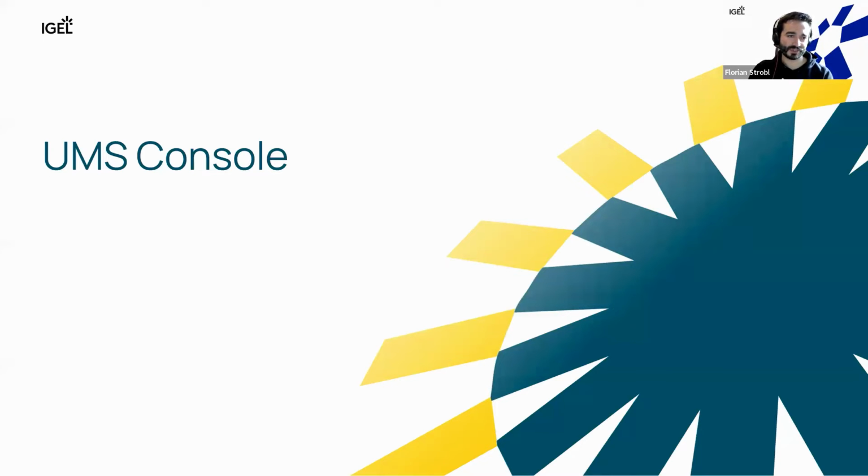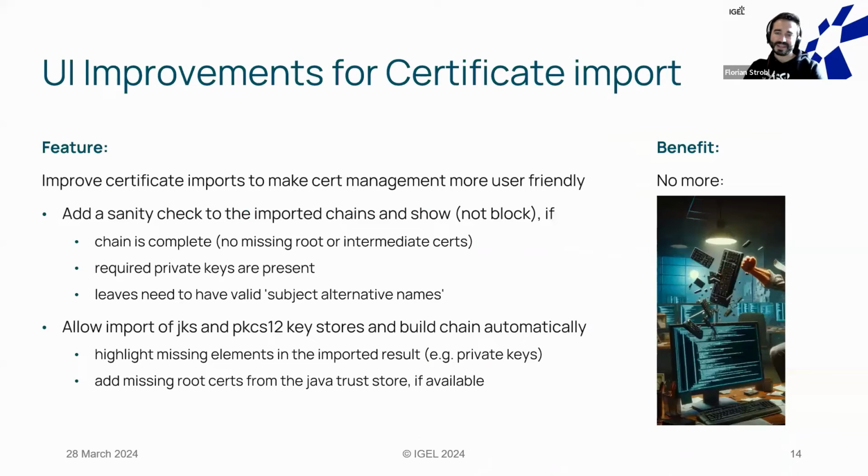So let's jump to the UMS console. What features do we have there? One really nice and helpful feature that was implemented by our development teams is a so-called sanity check for certificates. When you import certificates in the UMS console, there's now a sanity check that informs you, for example, if the chain is incomplete, or if required private keys are not present.